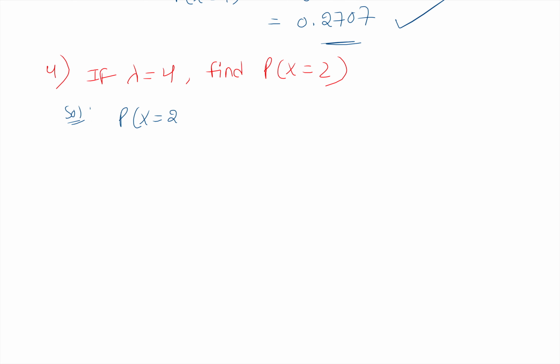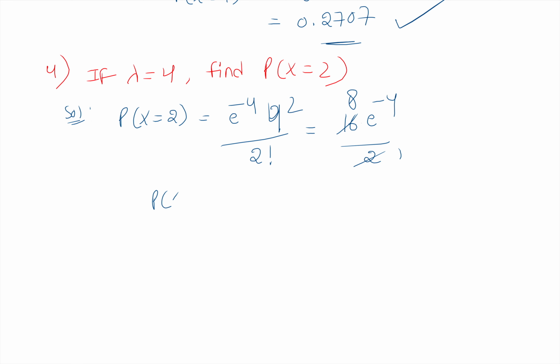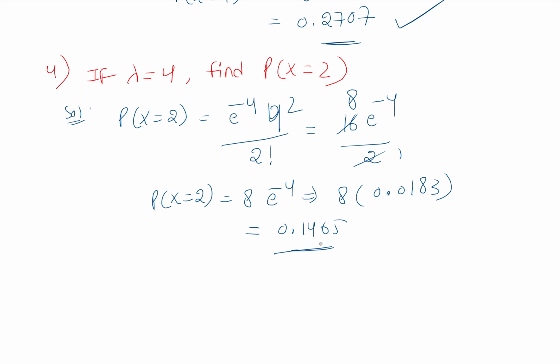Probability of X equal to 2 is e to the power of minus 4, 4 power 2 by 2 factorial, that is 16 into e to the power of minus 4 by 2, which is 8 into e to the power of minus 4. The e to the power of minus 4 value is 0.0183, and we get 0.1465 as our required answer.